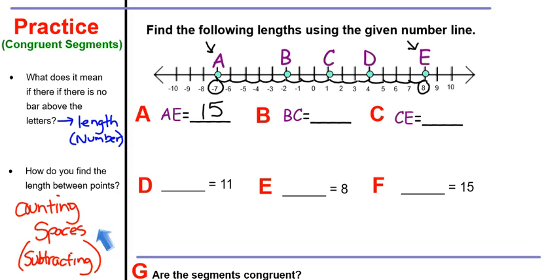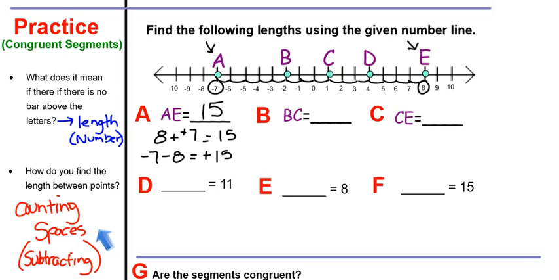Look at these two numbers on the bottom. If you subtract them, 8 minus negative 7, that turns into addition, 15, or negative 7 minus 8, you get negative 15, and remember we said throw away the negative. That is how you can calculate the space between those two.